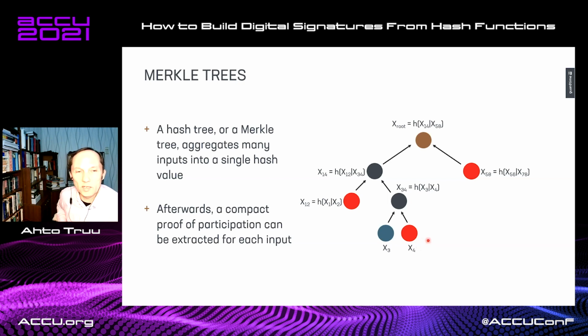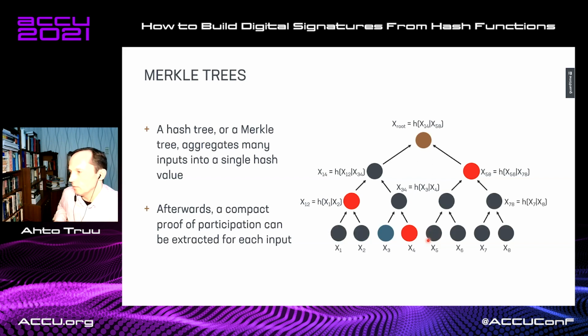And Merkle actually invented them in the 70s exactly for this purpose, that if you want to turn a one-time signature scheme into a many-time signature scheme where you can do many signatures, you just generate a bunch of one-time private keys, you generate corresponding one-time public keys, and then you aggregate this set into a Merkle tree, and then you publish this as your public key.